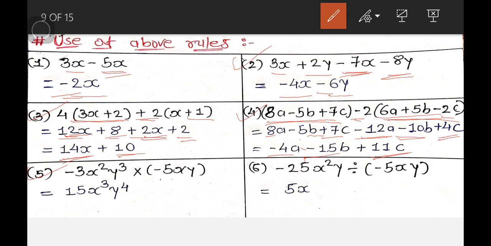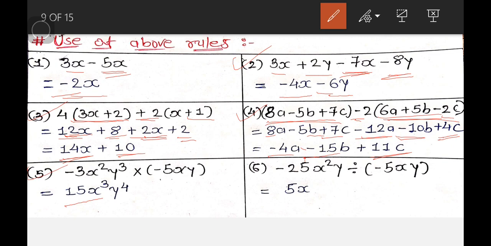Now in multiplication and division, the first example is minus 3x square y cube multiplied by minus 5x y. So here two terms have the same sign, then we put a positive sign. Now 3 multiplied by 5, then we get 15. Now x square into x, then we do addition of the powers of both x, 2 plus 1 equal to x raised to 3.